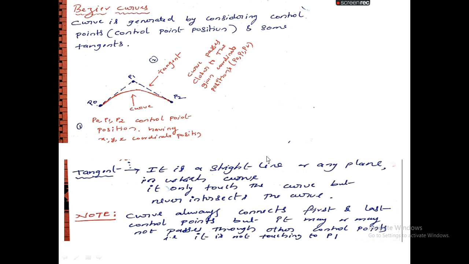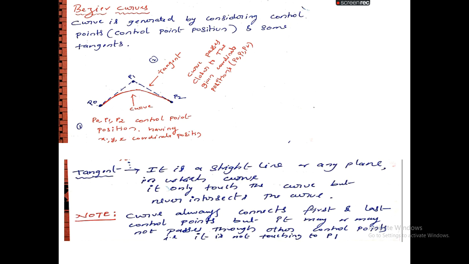You see that I have three control points: P0, P1, P2. Our curve connects the first control point and the third control point, P0 and P2. So it always connects the first end point and last end point, but it may or may not pass through the other control points.